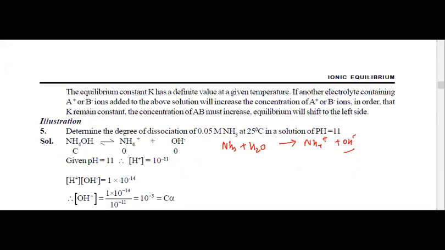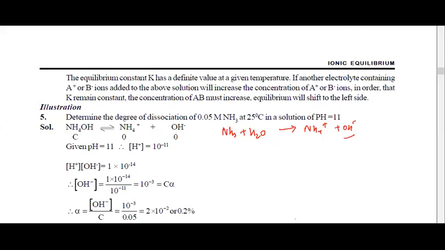I hope all of you remember we have done a similar problem like this. Yes, very good. It is 2 percent. Sorry, yes.